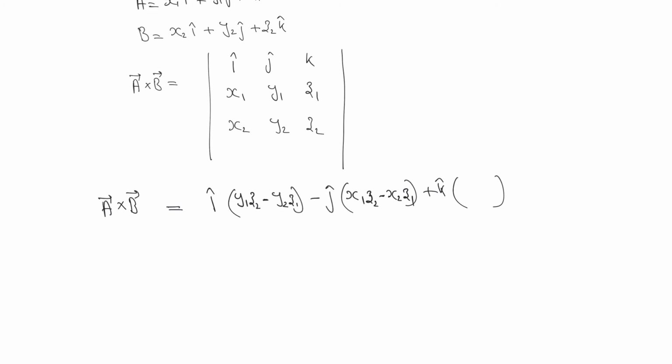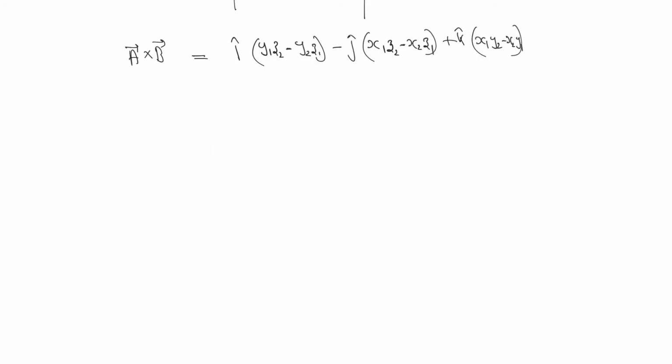Now if you want to find the k component, we neglect this column and row, then we go for x1 y2. So we can write x1 y2 minus x2 y1. So this is the way we find the value of a vector cross b vector.